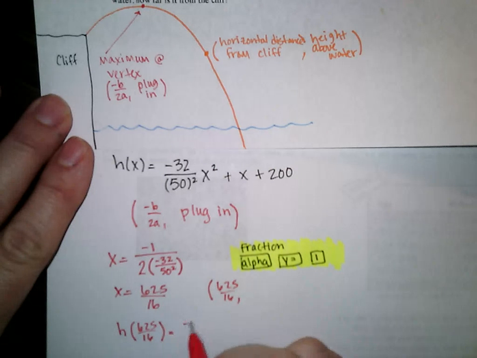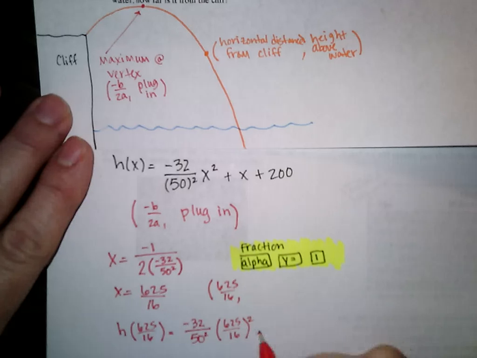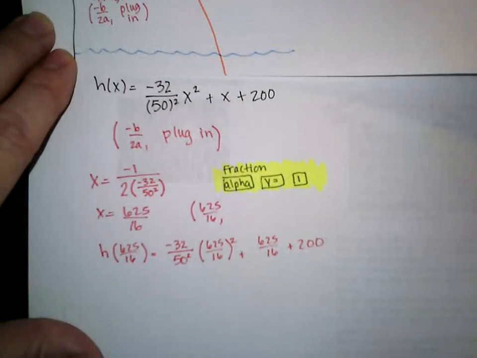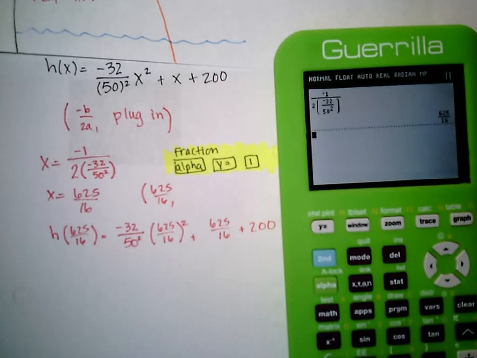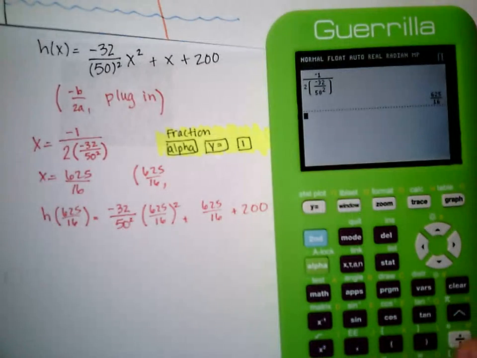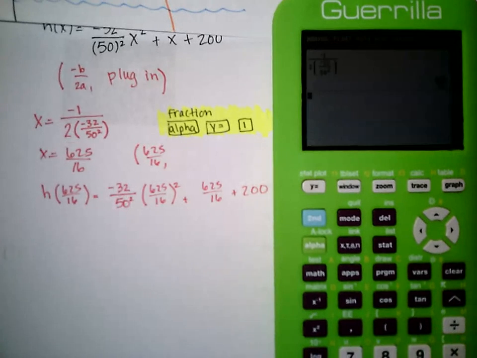So that will be -32 over 50 squared times 625 over 16 squared plus 625 over 16 plus 200. And let me just tell you how fortunate we are to have calculators that can help us with this, because it's a lot of fraction work if you don't have this calculator.